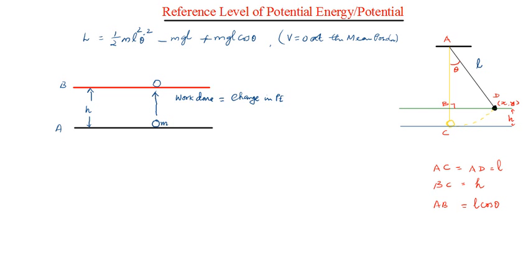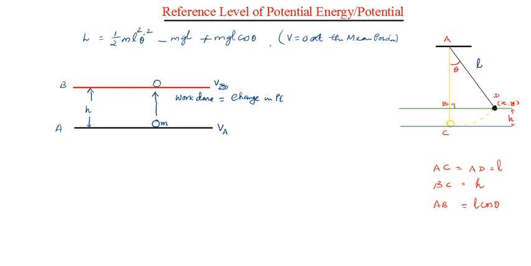Now as I told you, it's the change in potential energy which matters. Let me make it clear. Let me define VA and VB as the potential energies. Like we are fixing potentials, we are fixing potential energies also.